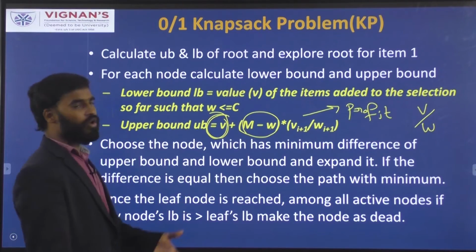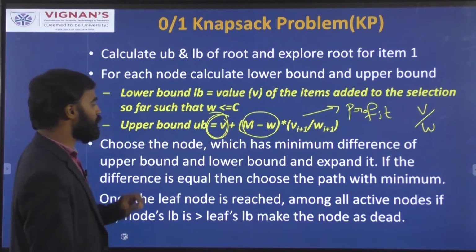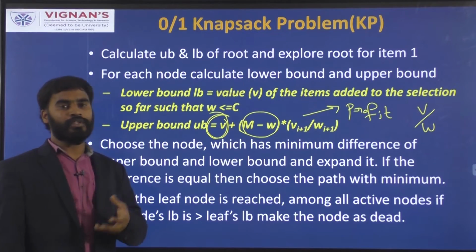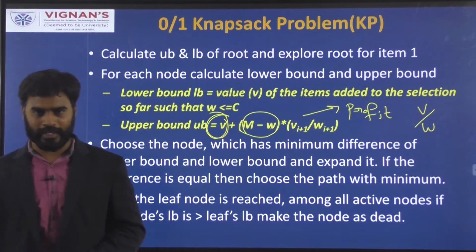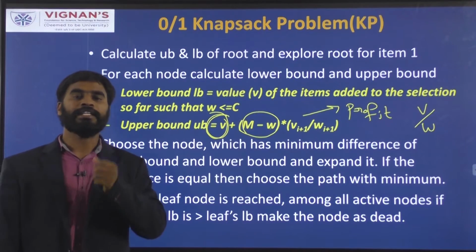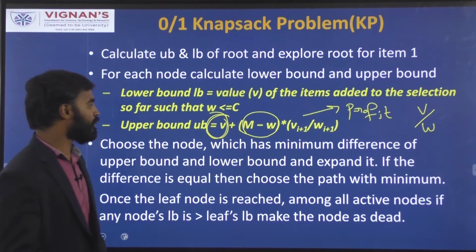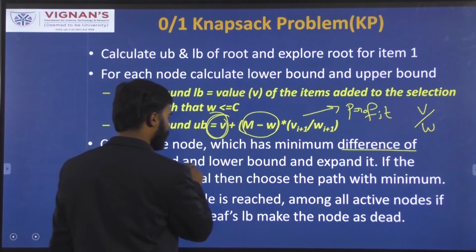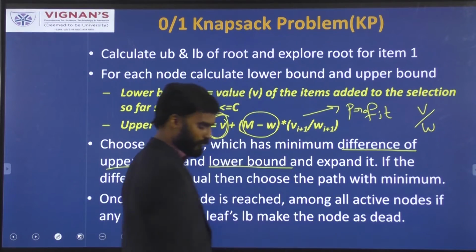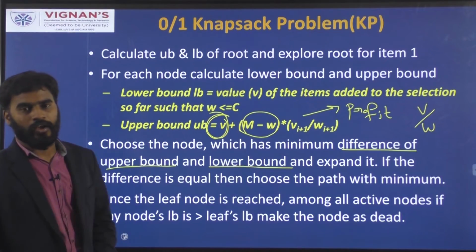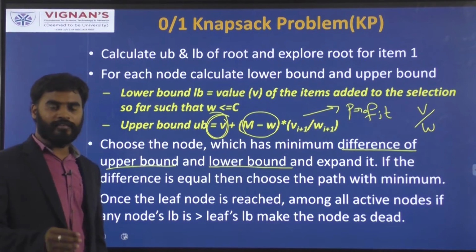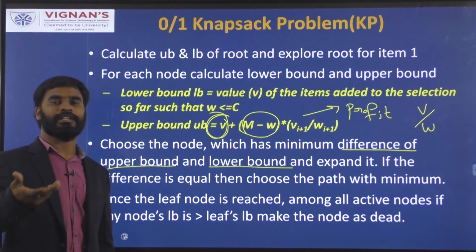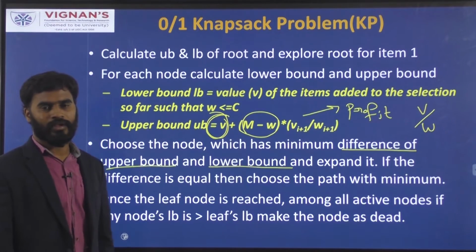For each node you have to calculate the lower bound and the upper bound. When you want to decide which node to explore next, that is based on the difference between the lower bound and the upper bound. We will choose the node which has the minimum difference between the lower bound and the upper bound for exploration.